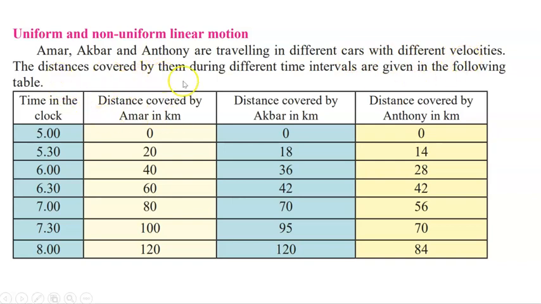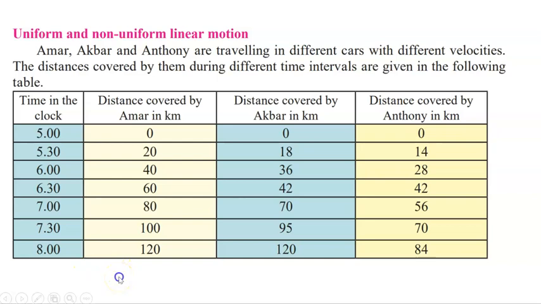The distances covered by them during different time intervals are given in the following table. Time in the clock, distance traveled by Amar in kilometer, distance traveled by Akbar in kilometer, and distance traveled by Anthony in kilometer. यामध्ये टाइम इंटरवल किती 30 मिनिट्सचा घेतलेला आहे, आणि 5 पासून त्याने स्टार्ट केलेला आहे.